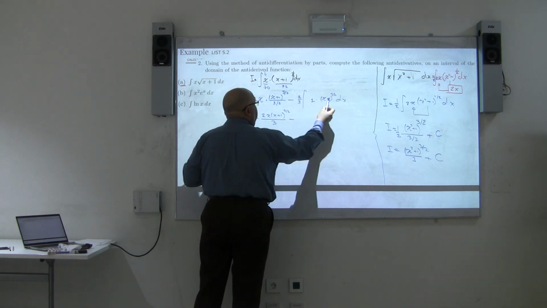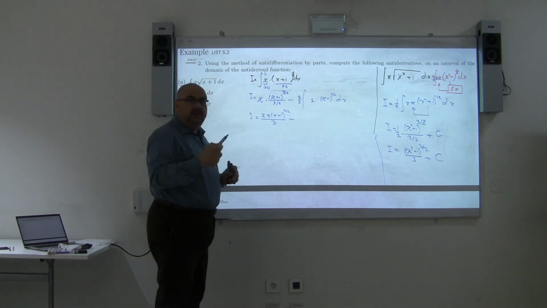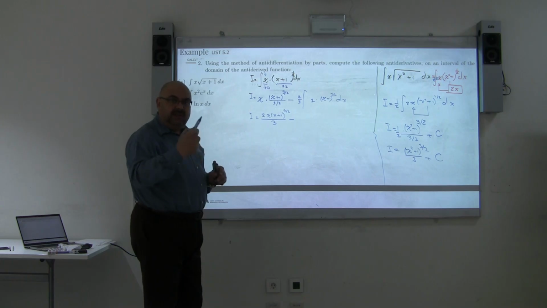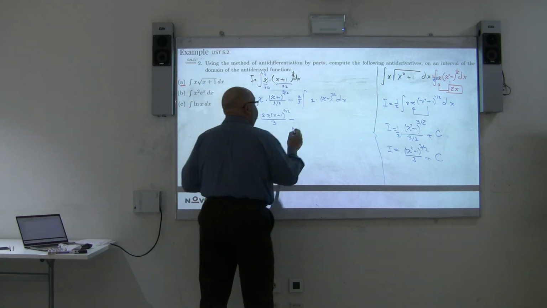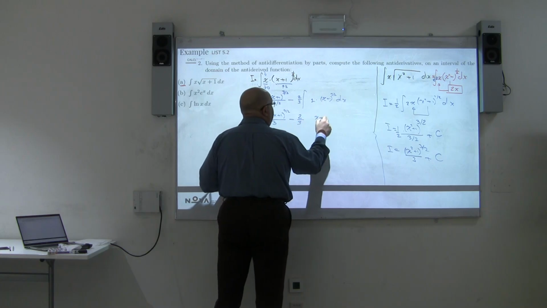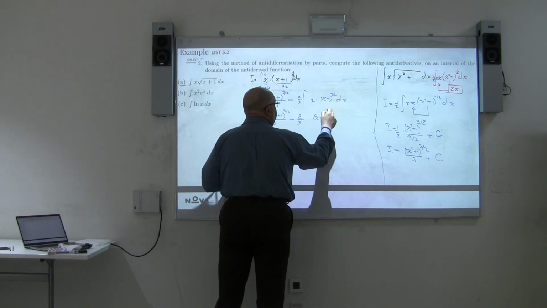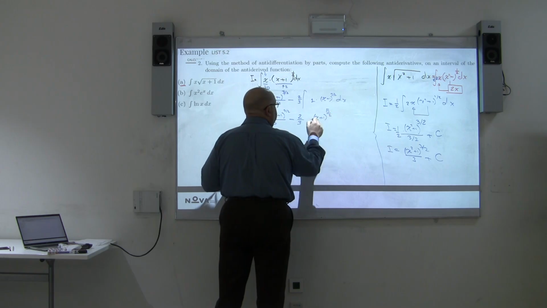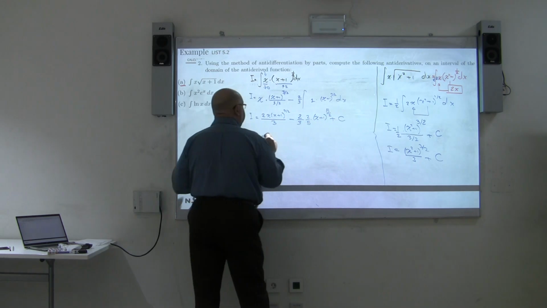Then minus. To integrate this function, I will add 1 to the power and then divide by the new power, so it's going to be 2 over 3. And once more, I will have (x plus 1) to the power of 5 over 2 times 2 over 5, plus the constant of integration.